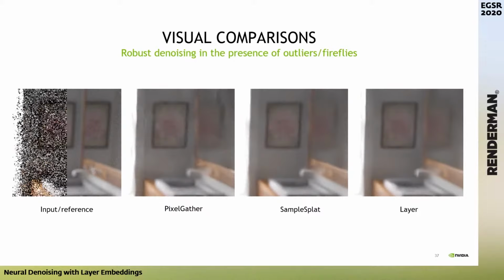Given the input samples, I would argue that all three denoisers do a fairly good job. Quite impressive reconstruction. But at closer inspection, you can see that the per pixel network struggles more with the outlier samples, and the reconstruction is more blotchy.